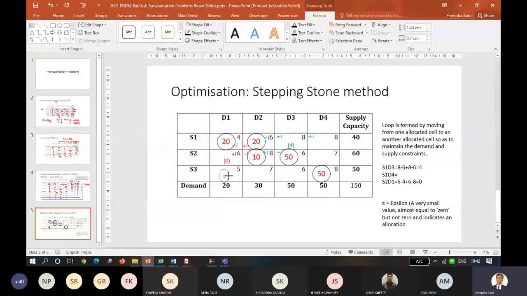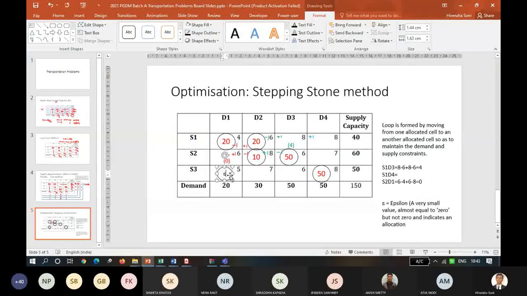Is it fine? Is it clearly visible? Hello, is it clearly visible? Sorry, can you make it a little larger, a little more?